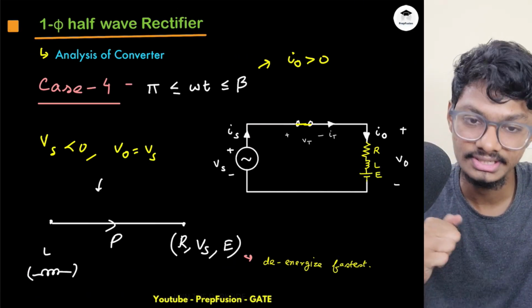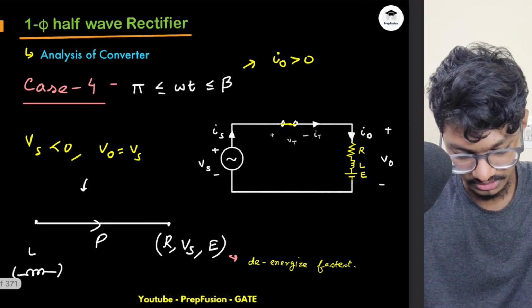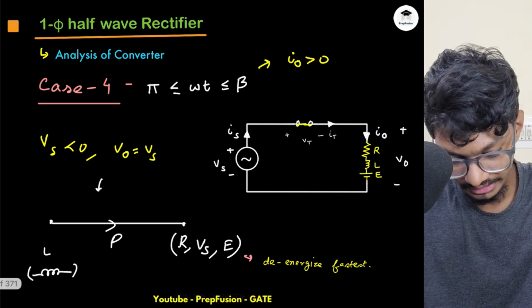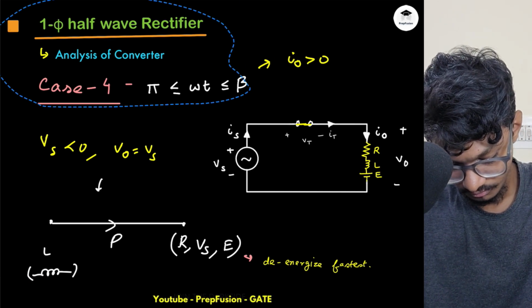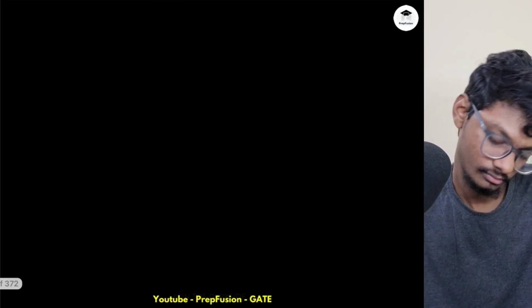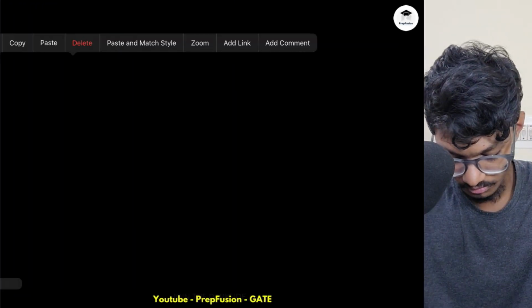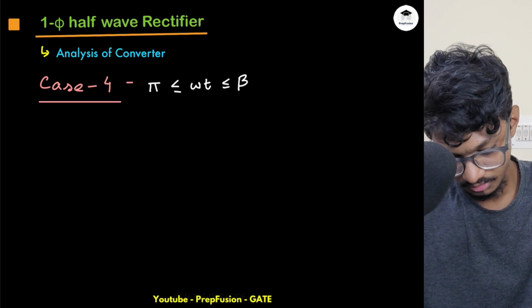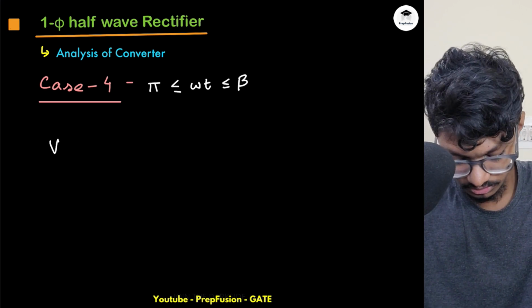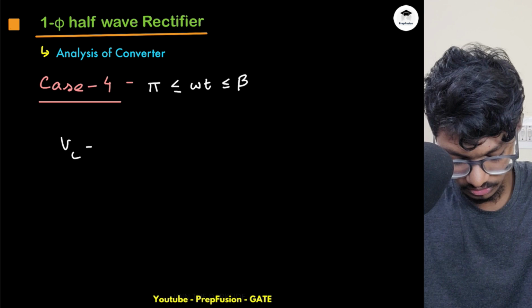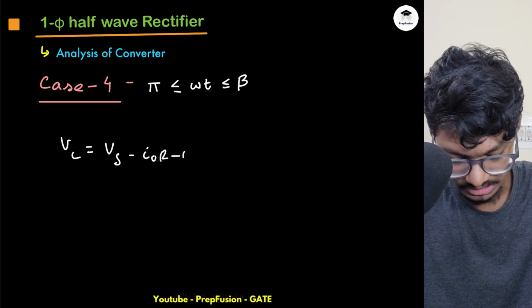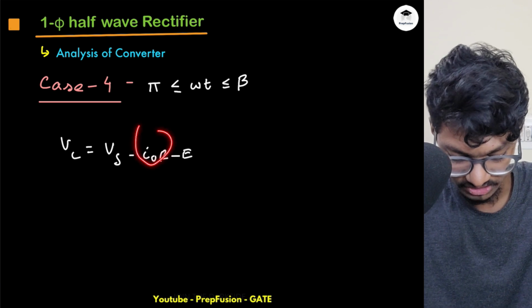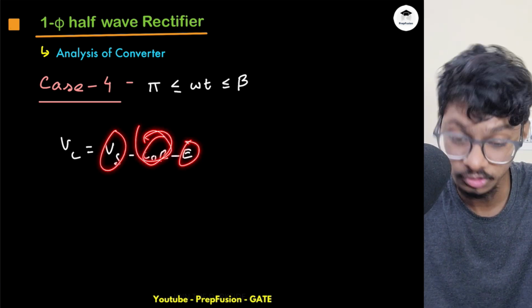So why is it de-energizing the fastest? You can understand from this as well. What is my VL now? I can write down my VL is equal to Vs minus IO into R minus E. So this time IO is obviously positive, this is getting subtracted, this is getting subtracted, and this is also negative.